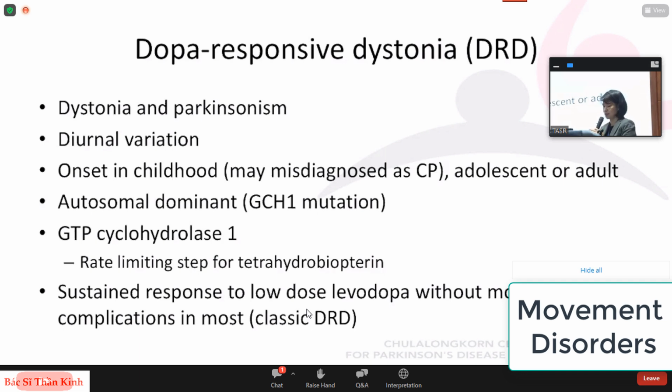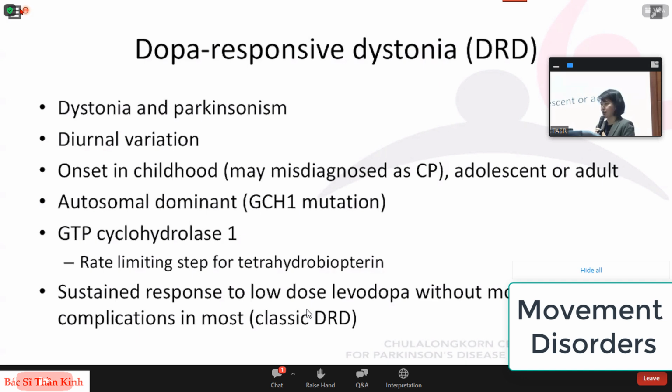The onset is usually in childhood in the classic GCH1 mutation, but may be adolescent or adult in other mutations. The GCH1 mutation is inherited in an autosomal dominant pattern. The mutation affects the rate-limiting step for tetrahydrobiopterin, which is in the pathway of dopaminergic synthesis.